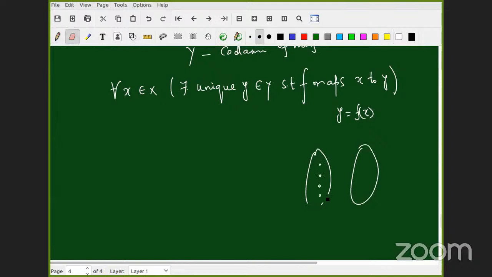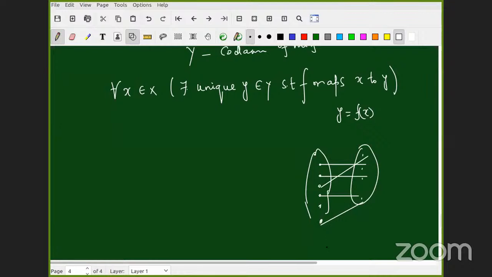Something goes on and on. I don't know about this, but there could be a lot of elements. Here it says every element should be there, and it should be mapped somewhere. So if I leave somebody out and map the rest, is it a function? Can I have a rule like this in the picture?